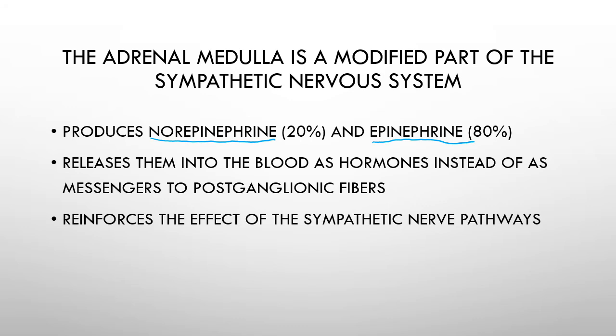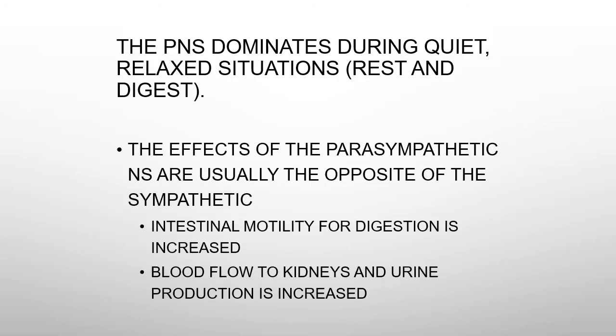It's going to be synergistic with the sympathetic nervous system. It's going to go and find postganglionic fibers and activate them. It's going to reinforce always the sympathetic nervous pathways themselves. It's going to increase their ability to function at any given time. So they're going to work in concert with one another. We're going to get the two functioning to increase that overall fight or flight response.